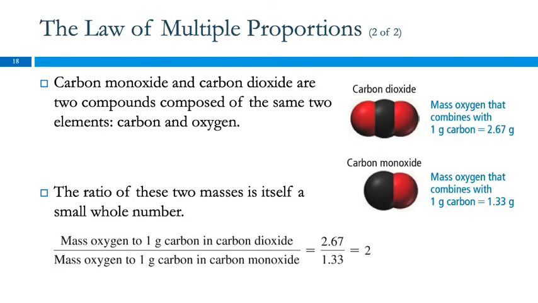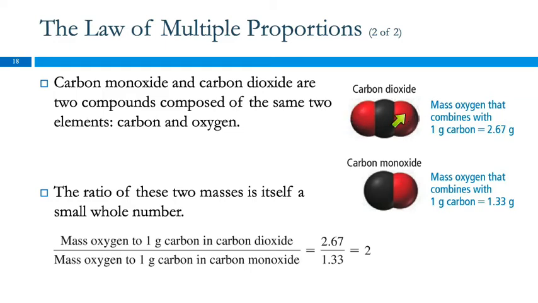So this slide has a picture. This is better. Here we have carbon dioxide and carbon monoxide. So they both have 1 carbon atom. Carbon dioxide has 2 oxygens. Carbon monoxide has 1 oxygen. Here we have the mass of oxygen combining with 1 gram of carbon, 2.67.